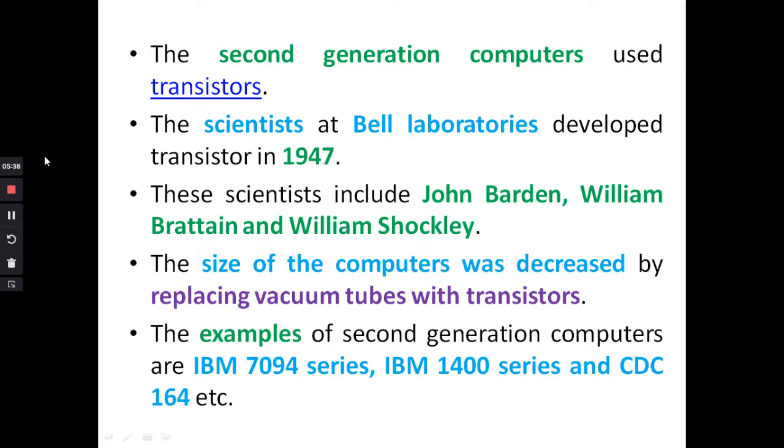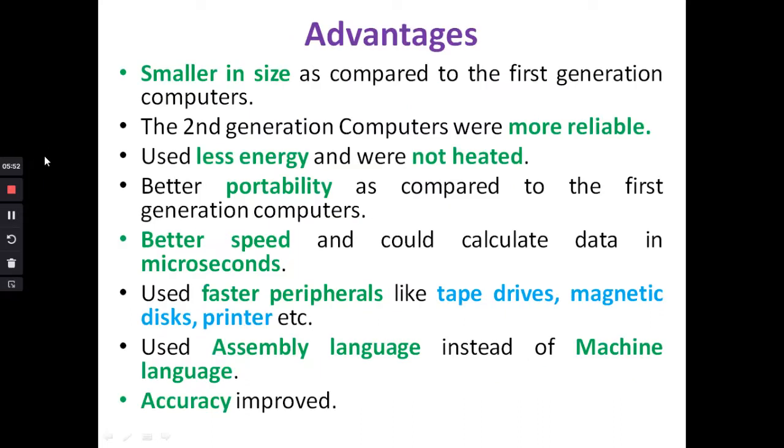Examples are the IBM 4400 series and CDC 164. These are some of the machines that used transistors.